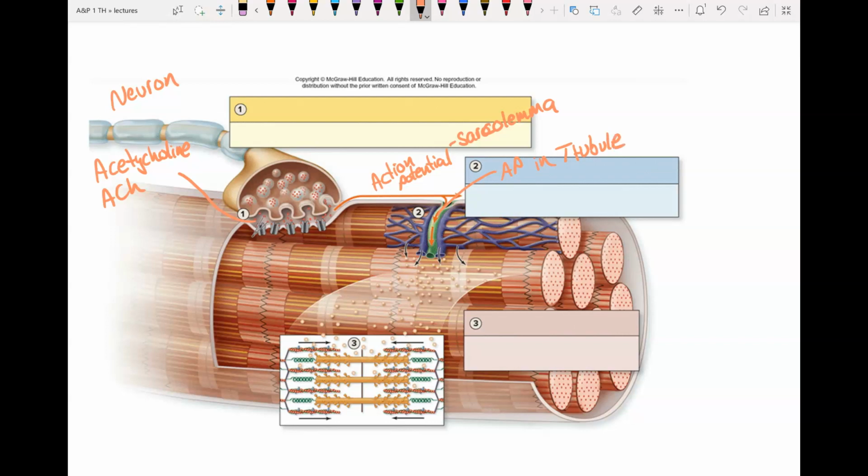And then here you can see all the calcium diffusing out of the sarcoplasmic reticulum. So it's having an electric signal in the T-tubule that stimulates the terminal cisterna to open its calcium gates and let the calcium out.